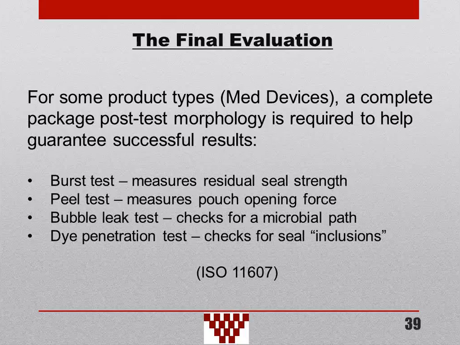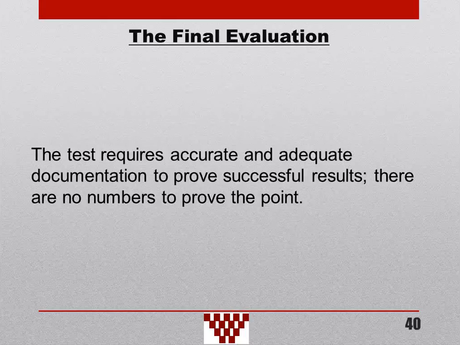And the dye penetration test will often look for inclusions, or so-called pass the seal. So these are examples of what I refer to as post-test morphology, where you can actually figure out by means other than thumbs up or thumbs down, do you have a good result here? Those of you in medical device testing will recognize those procedures as coming from ISO 11607.